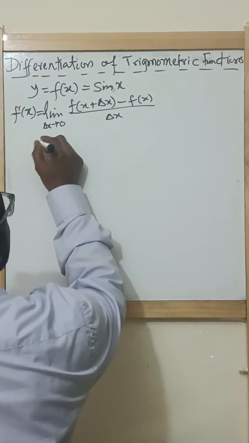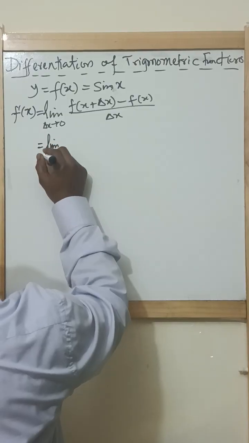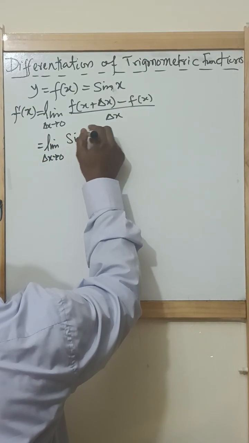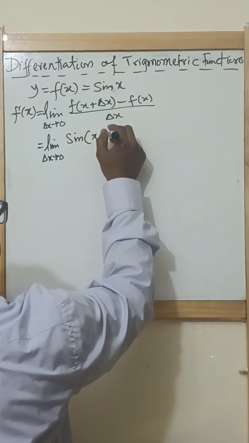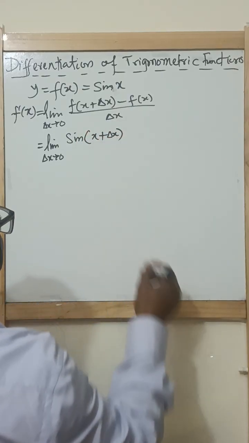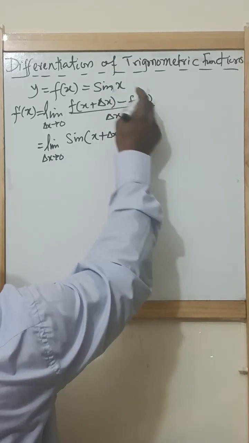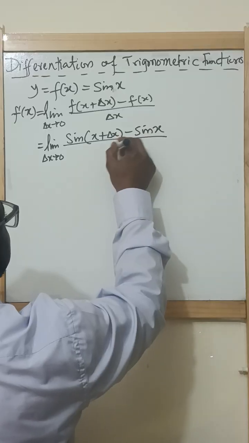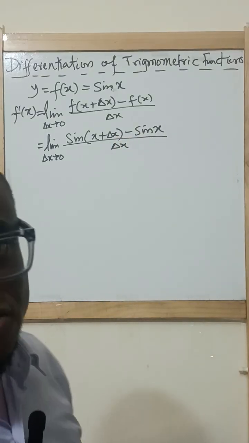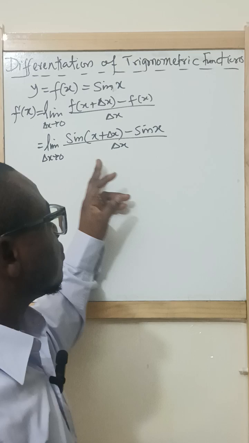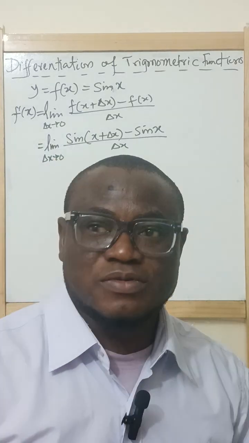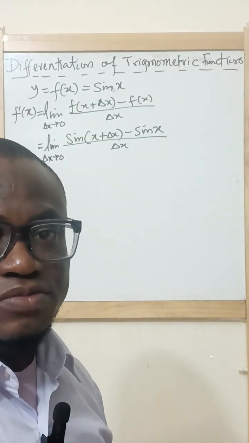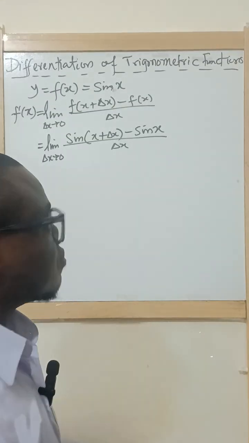So this is going to be the limit as delta x tends to 0 of sine of x plus delta x, that's f of x plus delta x, minus sine x, all over delta x. Now, if you remember, we did some derivation of sums to products of trigonometric functions.